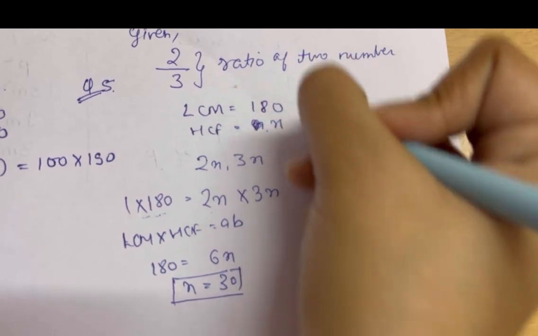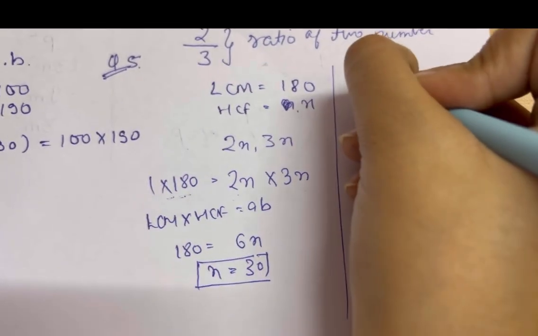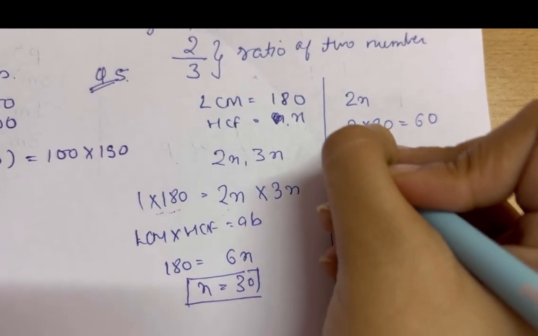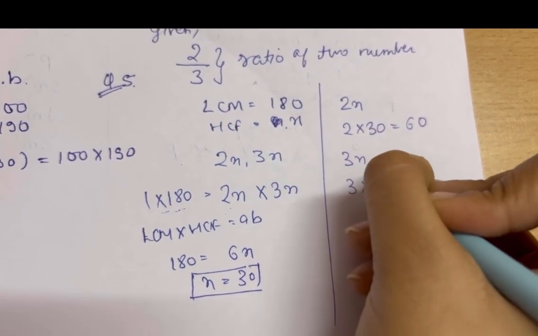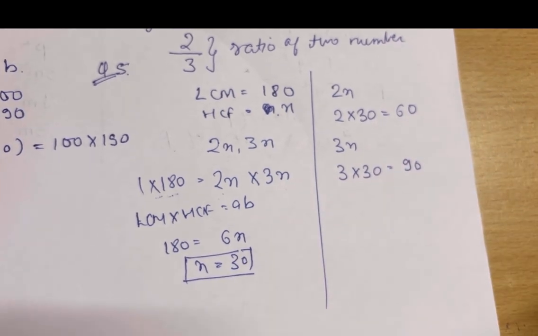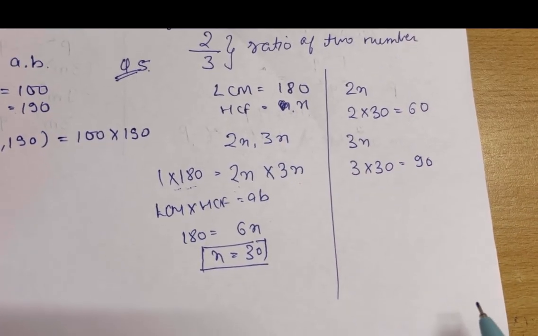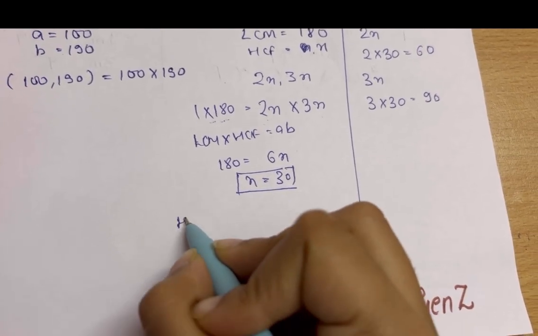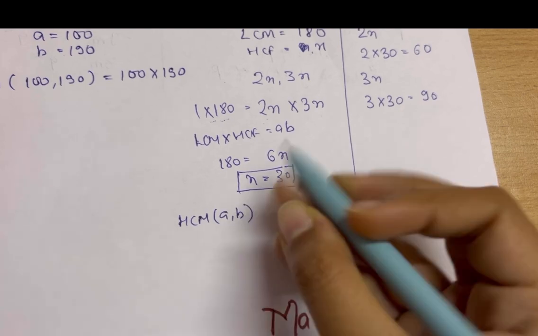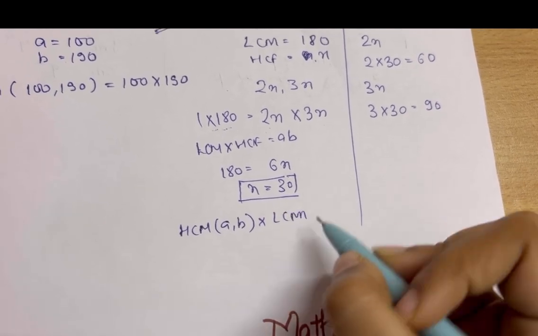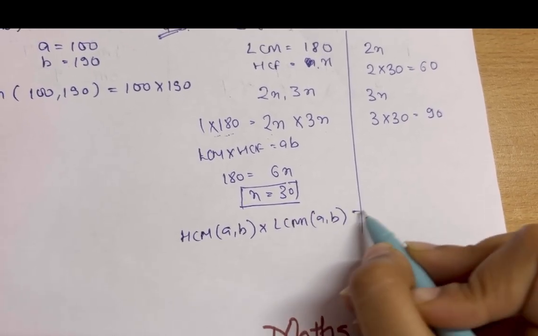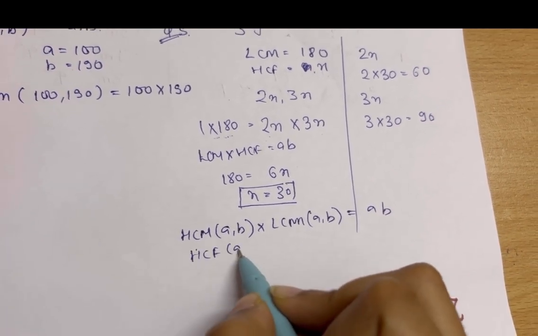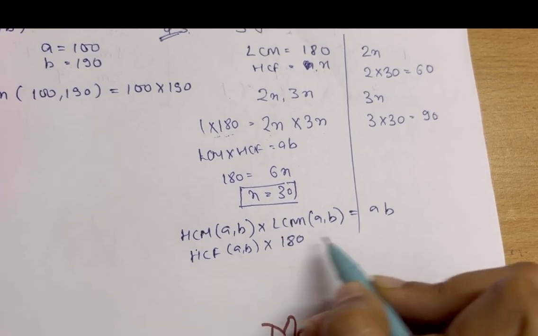Now we will find the actual two numbers. 2x is equal to 2 into 30, which is 60. The next is 3x, which is 3 into 30, that is 90. So the actual two numbers are 60 and 90. Now we'll put these numbers in our formula, HCF of A and B into LCM of A and B is equal to A dot B. We have to find the HCF of A and B, and it is given that LCM is 180.